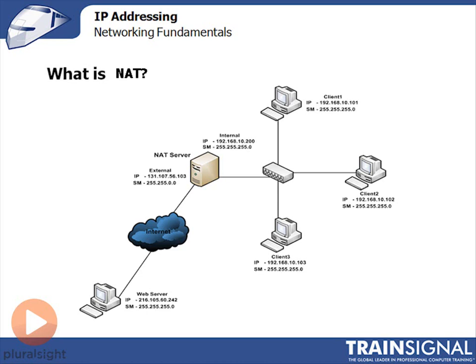That's how NAT works. And I will tell you that that's also how I can be here in my office and have an IP address on my computer of, let's say, 192.168.10.101, and you can be in your office sitting where you are, and you can have a computer with the IP address of 192.168.10.101.